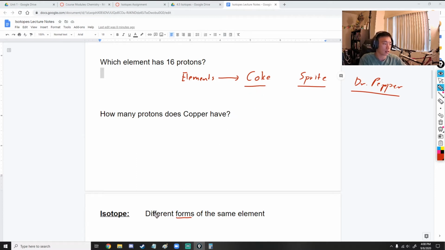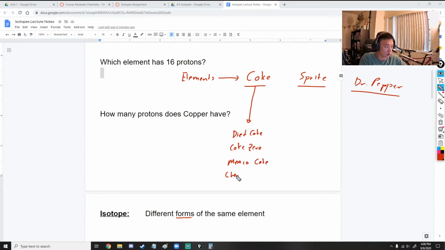But we know that for sodas there's different types of the same soda. For example, my favorite is Coca-Cola. And then there's Diet Coke. There's also Coke Zero. There's Mexican Coke, the best one that comes in the glass bottles made with real sugar.